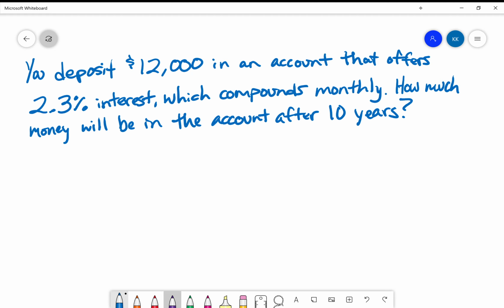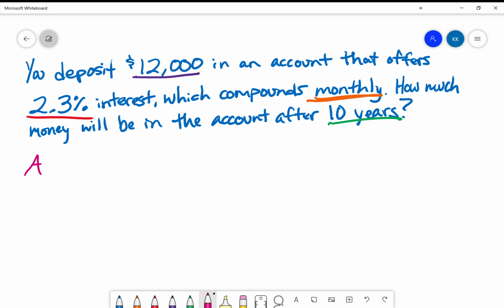Okay, let's underline. Principal is $12,000. Interest rate is 2.3%. It's being compounded monthly, which is 12 times a year. And how much is in the account after 10 years? Let's solve.